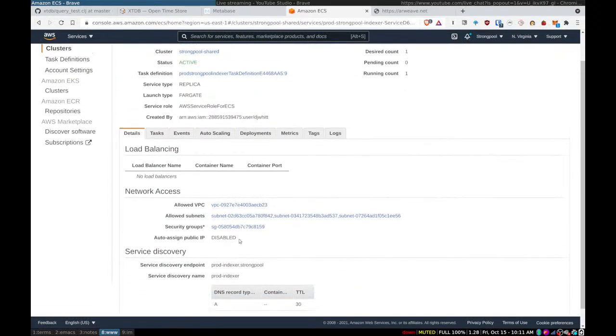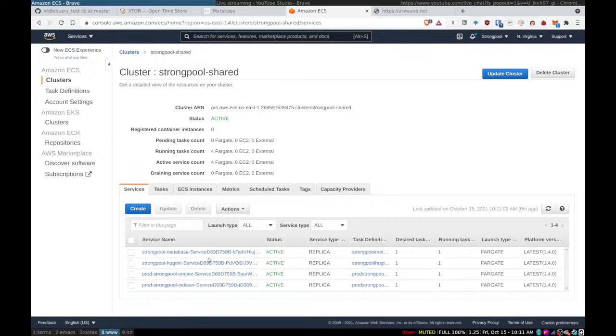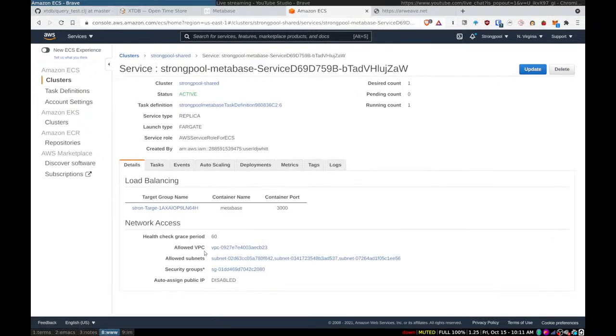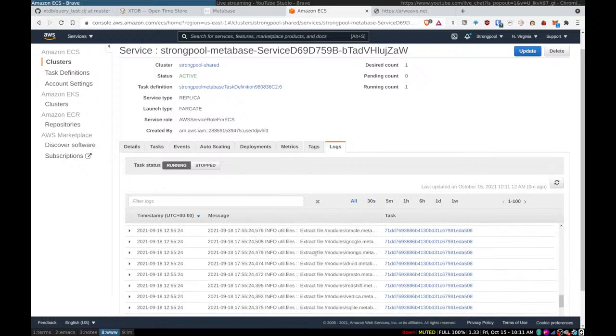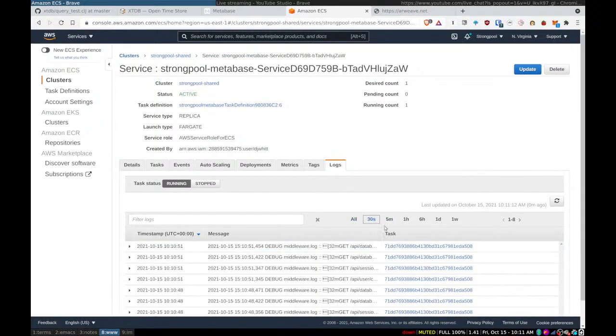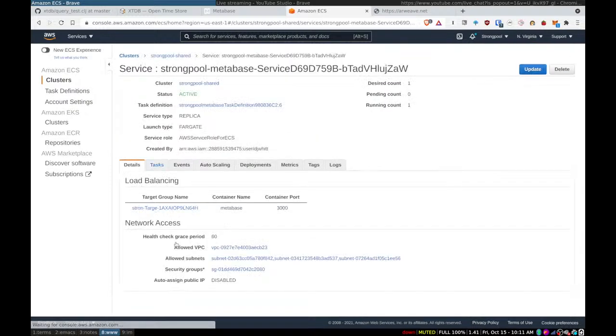The indexer. No. Wouldn't be on the indexer side. It would be on the Metabase side. Okay. 30 seconds, 5 minutes. Actually, let's look at this in CloudWatch.